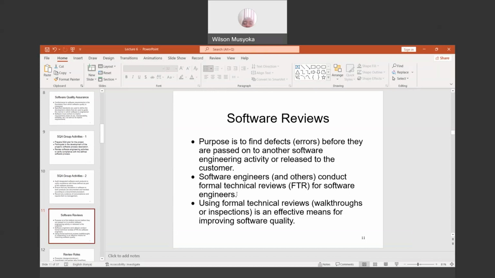So software engineers and other guys whom we call maybe software testers and walkthrough managers, they are going to conduct formal technical reviews, FTR, and these ones are just there to see if the code is up to standard, to see if the specifications are up to standard. Using those formal technical reviews like walkthroughs and inspections, you are going to check where there is a gap, and then you can improve on the software quality.